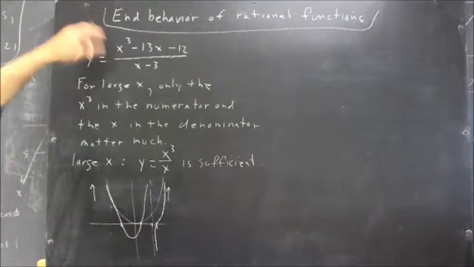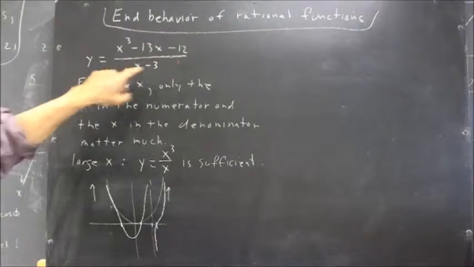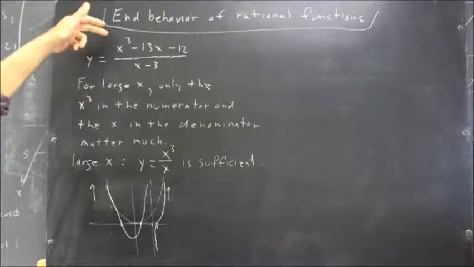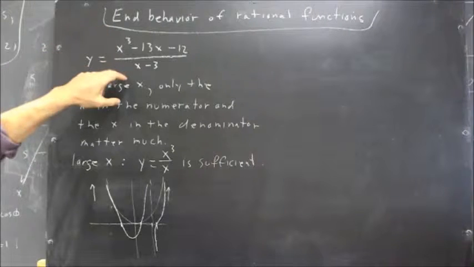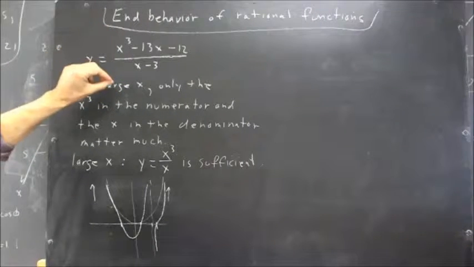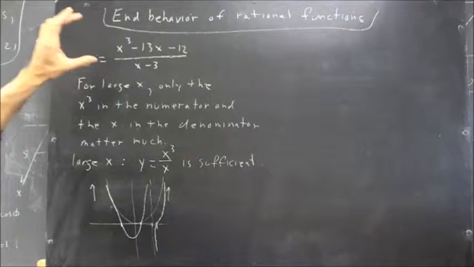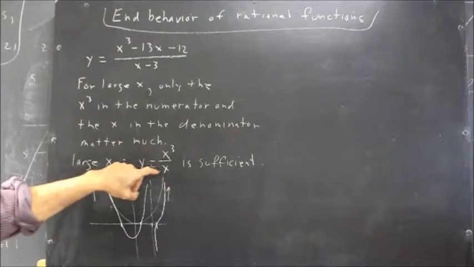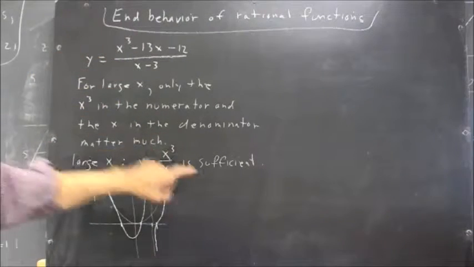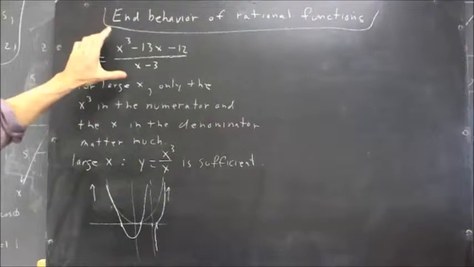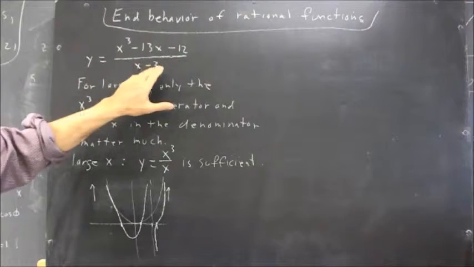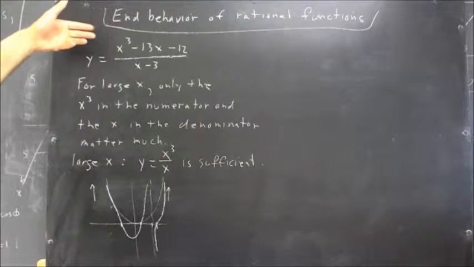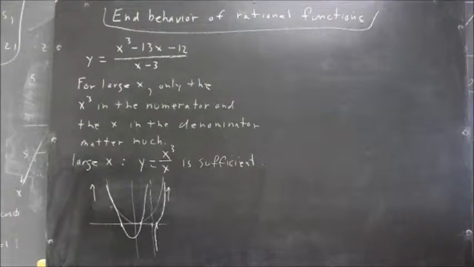If x is a really big negative number, then the numerator is negative, the denominator is negative, and the result is positive, consistent with the idea that y equals x cubed over x is pretty much all you have if x is really large. Again, the rest of the terms, the negative 13x, negative 12, and the negative 3, fade into insignificance when x gets really big.